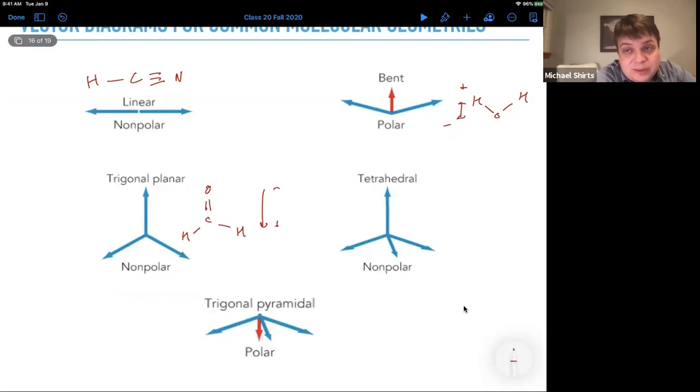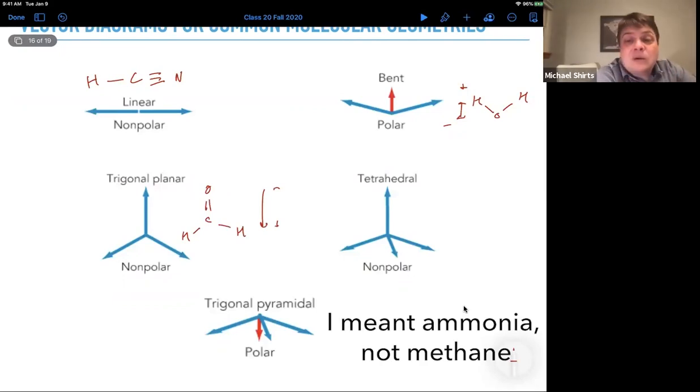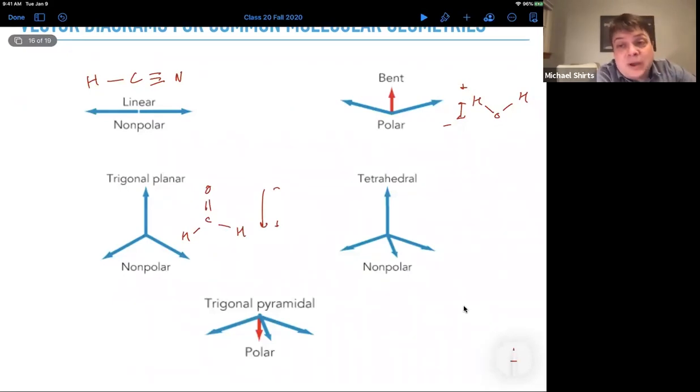If you have a trigonal planar molecule where all three atoms around the edge are the same, then it will have no net dipole. Tetrahedral, again, if they're all the same, will have no net dipole. Trigonal pyramidal, like ammonia, will also be polar. So those are the main examples of whether things are polar or nonpolar, dealing with the simple molecular geometries you see in the first row.